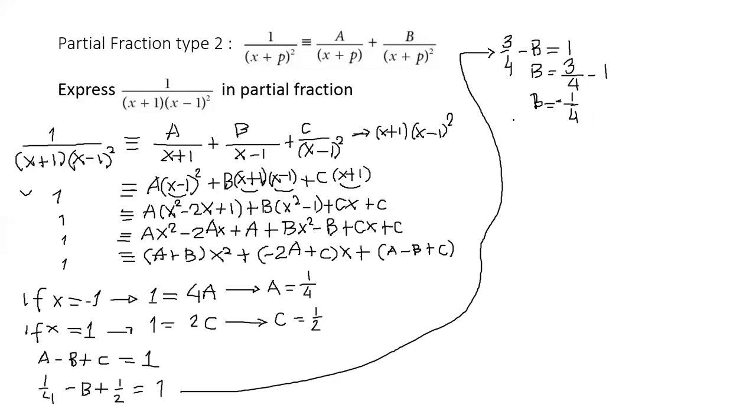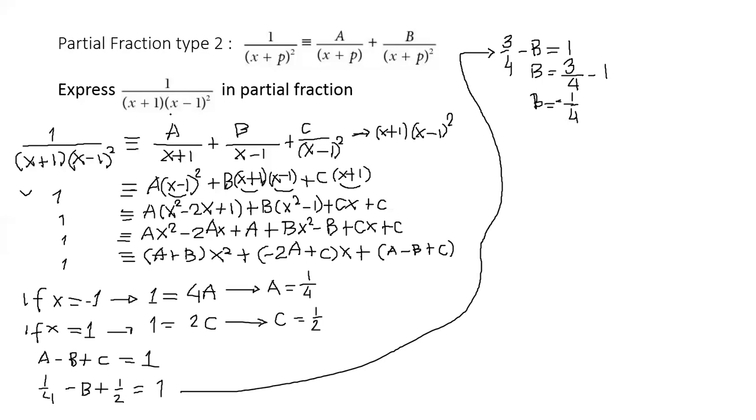So a equals 1/4, b equals minus a quarter, c equals a half.